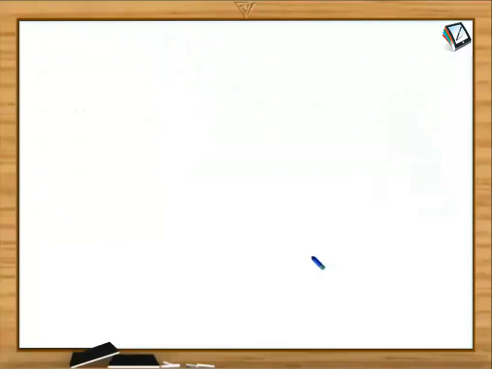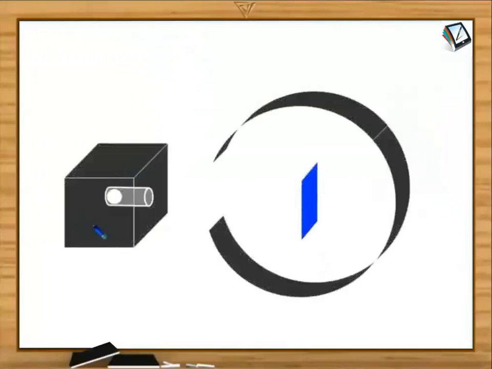See here. This is the source of alpha particles, which is kept in a lead block, and this is the thin metal foil, and this is the zinc sulfide screen. So what happens here? Whenever alpha particles are made to fall on the metal, they move through that metal, and whenever they strike the zinc sulfide screen, we can see that flash of light.